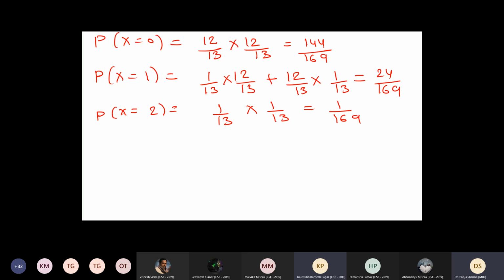So what is the distribution? The distribution is 144 upon 169 for X equals to 0, 24 upon 169 for X equals to 1, and 1 upon 169 for X equals to 2.